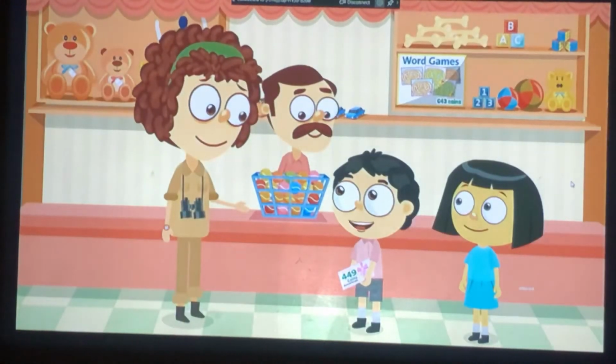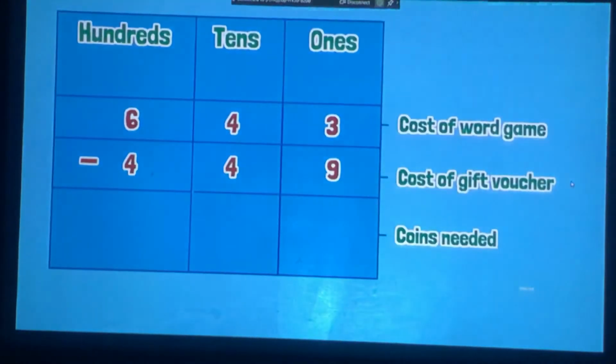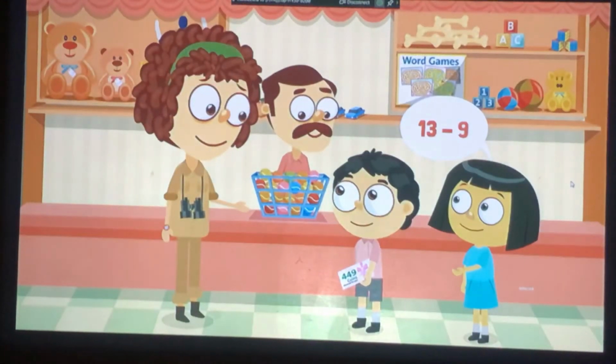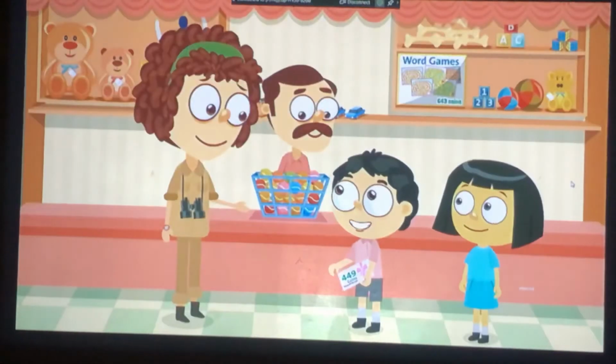Perfect. So we'll start with 3 minus 9. Borrow from the tens place. 3 will be left behind as we borrow 1 ten and add it to the ones place. 13 minus 9. 4.